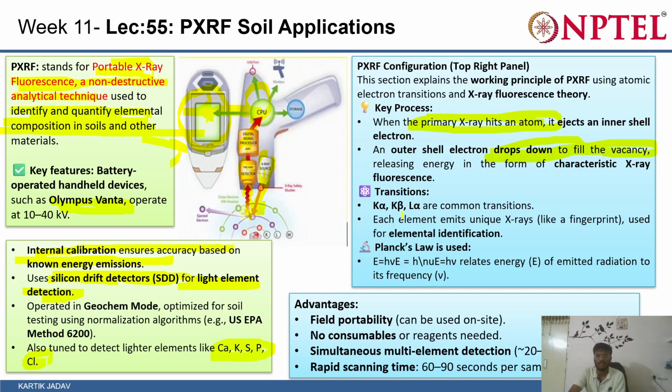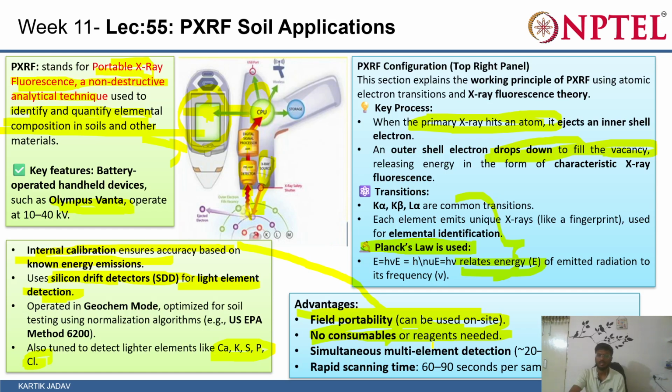These are its fundamentals, and we generally use Planck's law while converting these signals into concentration. Planck's law is E = hν, where E is the energy of the emitted radiation and ν is its frequency. And there are certain advantages: it has field portability, so it can be used on site. No consumables are required, and no reagents are needed.